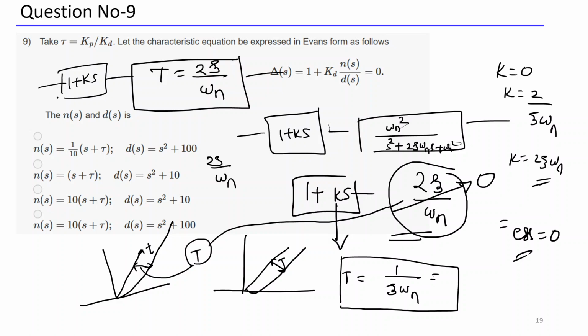In the question it is given 1 plus ks, right? Yes, sir. 1 plus ks, a proportional plus derivative filter, is introduced in the system to make the steady state error 0. So what will be the value of k?